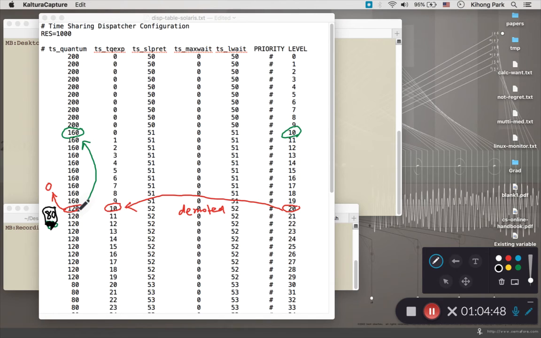We're going to promote this guy's priority from 20 to what value? Look at the third column: TS, sleep return. Inside the kernel, the term sleep is used internally. Even though this might be reading and blocking, it doesn't matter. It's internally equivalent to sleeping.